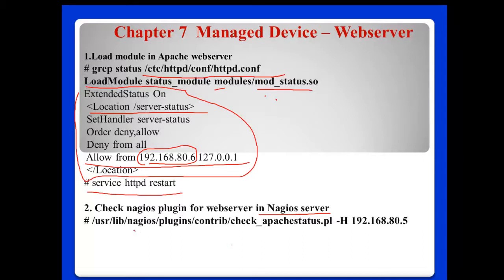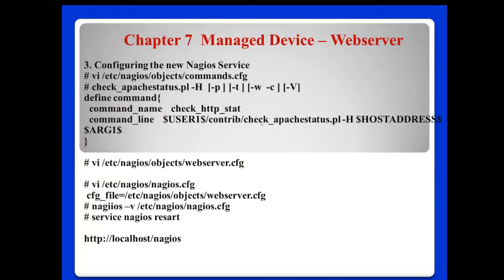So here, we need to download, or we need to check the plugin, and after that 192.168.8.5. This one means the web server IP address, and after that in the Nagios server we have to register this plugin in the command configuration file.